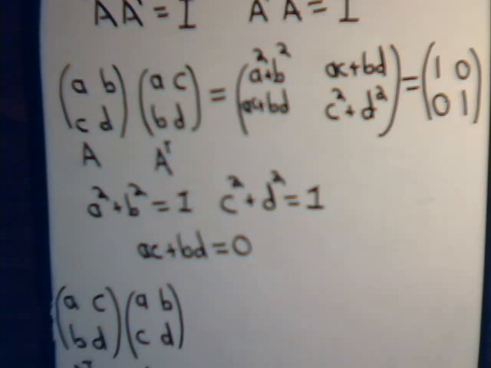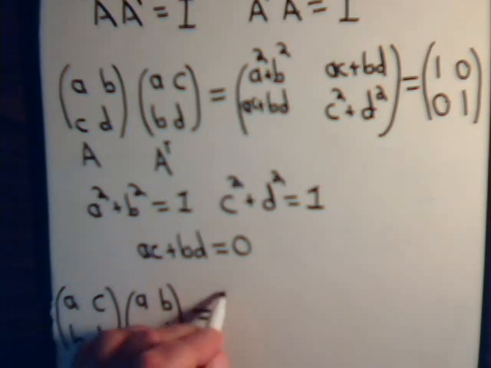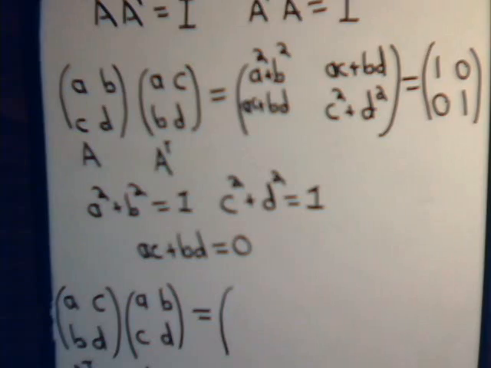And that has to be the identity matrix, but let's multiply it out and see what kind of expression we get.